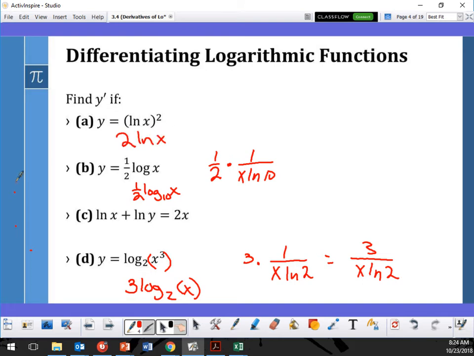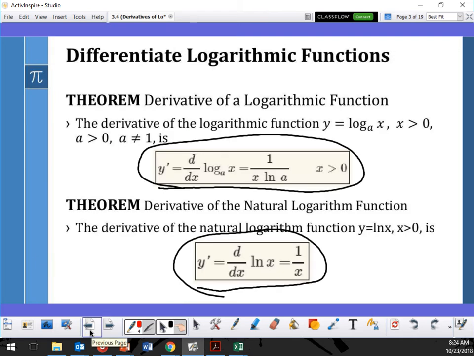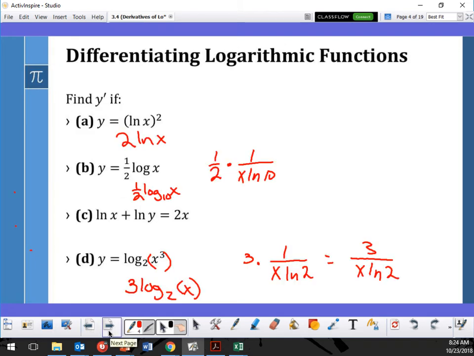And what was the rule for the ln's? 1 over x, right? So take the derivative now. It's going to give me what? 2 over x. Not bad, right? Not bad.